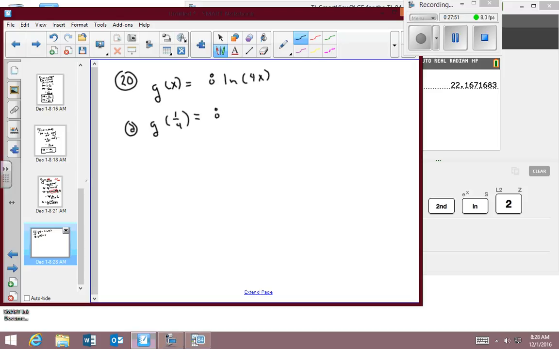So it's 8 ln of 4 times 1/4, which is equal to 8 ln of 1, and the log of 1 is 0, right? What's the power that e has to be raised to get 1? So that's 0.